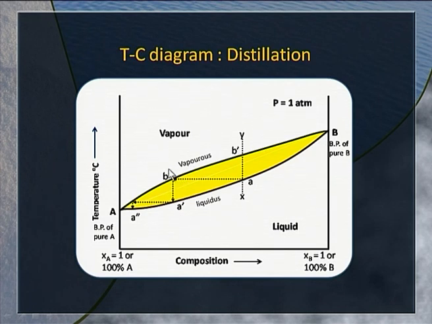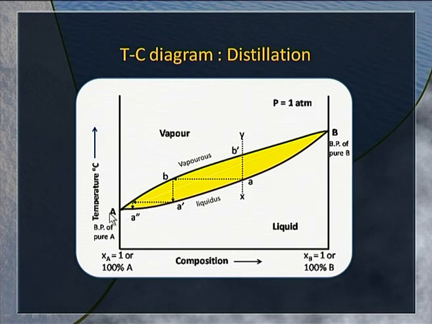The vapors are much richer in the more volatile component, that is the component A, which has lower boiling point, and if you condense this vapor, you get a liquid of this composition which has become richer in A, and vapors that are emerging out from this liquid, if you heat it, will give you the vapors which are still richer in A, and a series of these steps, vaporization and condensation, will ultimately lead you to pure A.